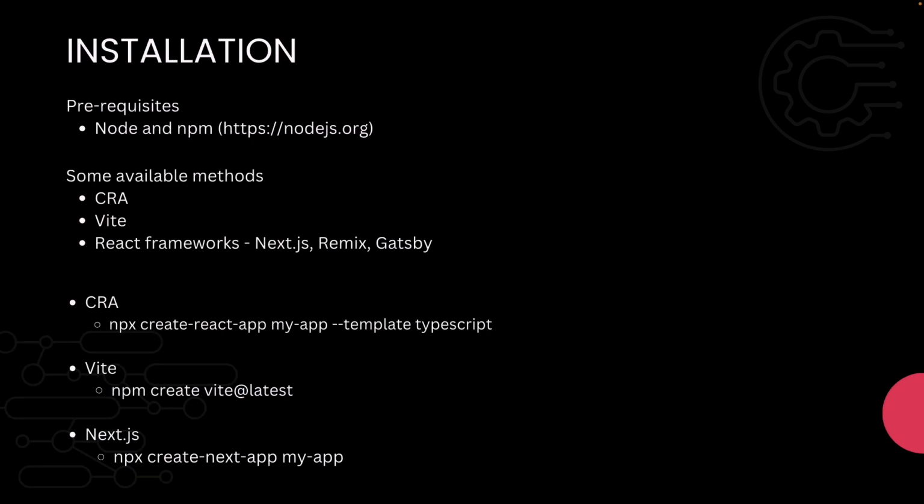Let's see what are the ways to install or scaffold the React project in TypeScript. Some of the available methods are, if you're going with one of the most popular build tools, CRA, short form for Create React App. There's another, more new kid on the block, I would say, Vite.